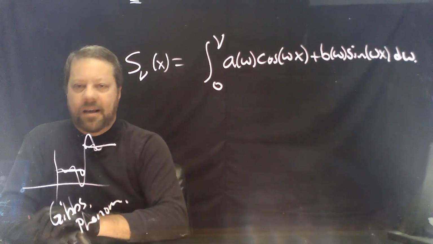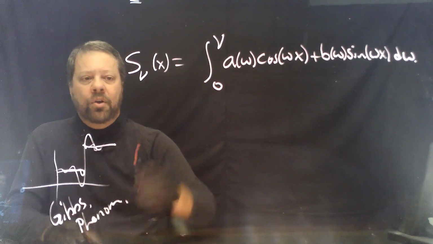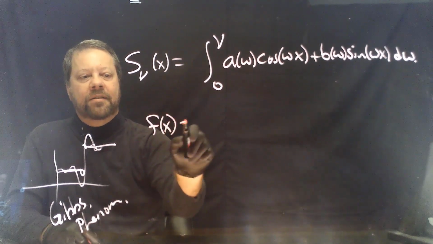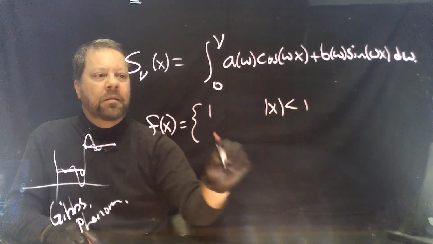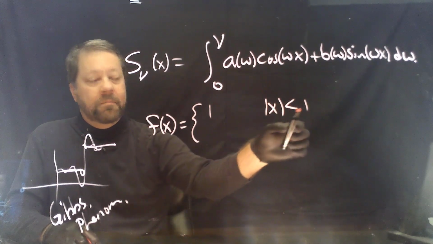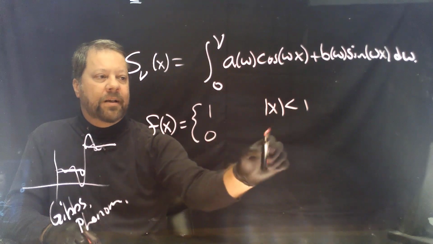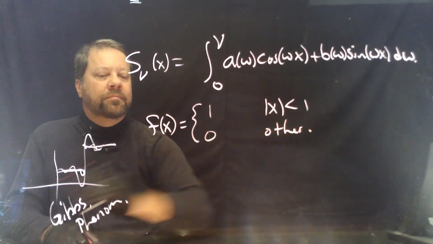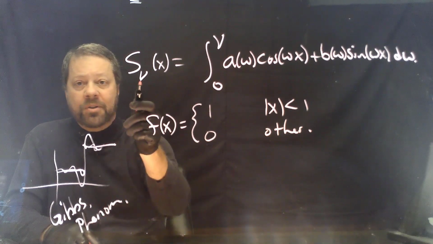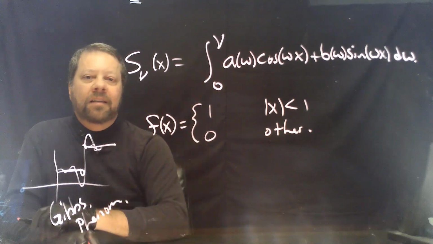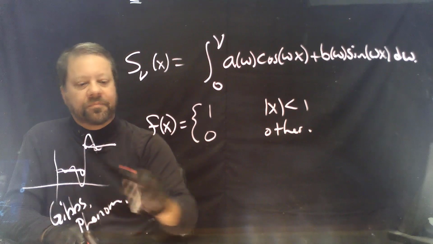What happens in this case? Let's go back to our function f of x is 1, provided you're between negative 1 and 1, and 0 otherwise. And let's look at the partial sums in this present context.